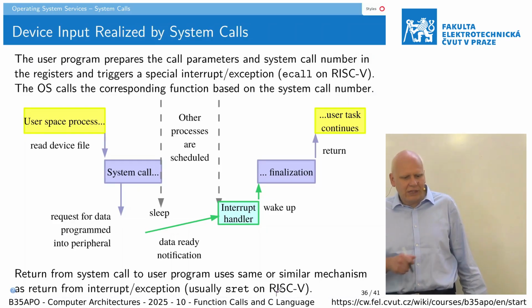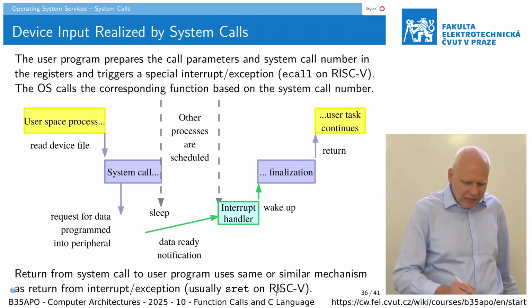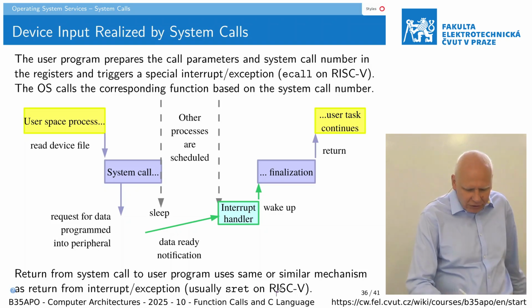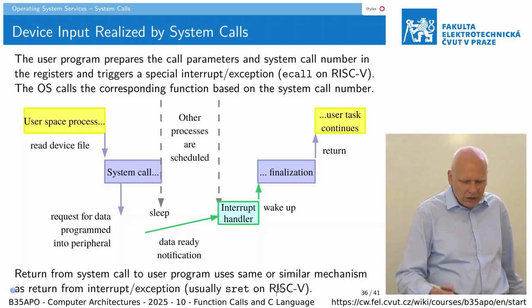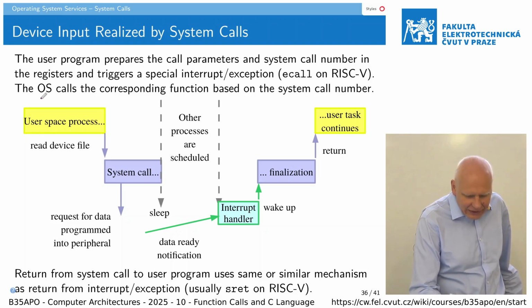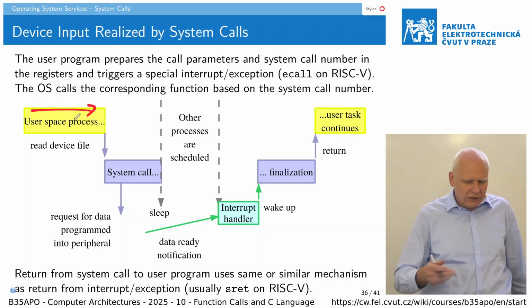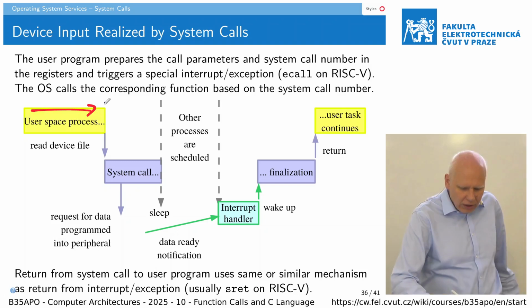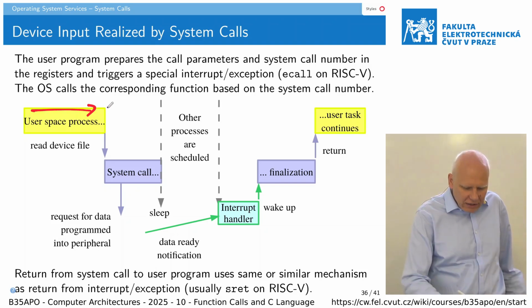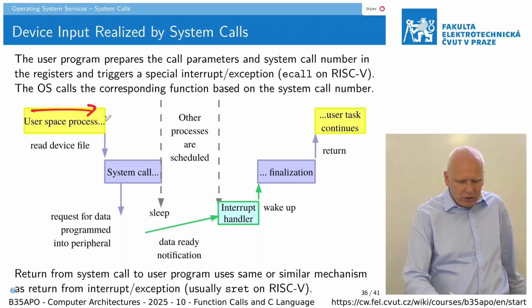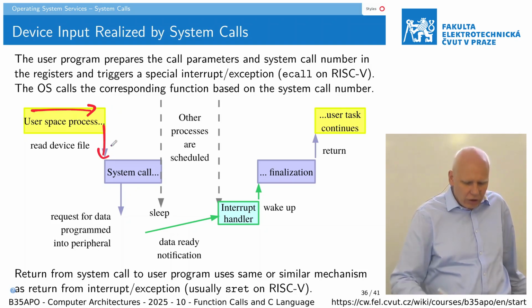So basically we return to the same diagram which we had in the last lecture. There is an attempt, for example, to read data from the serial port. We prepare a read system call with a pointer to some buffer. Then we invoke ecall.